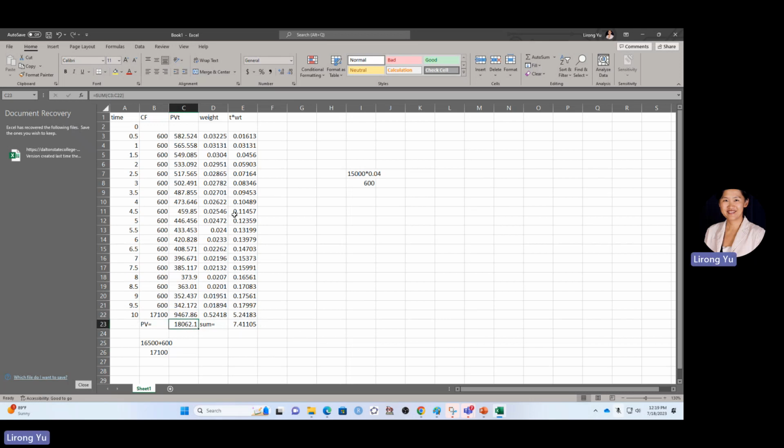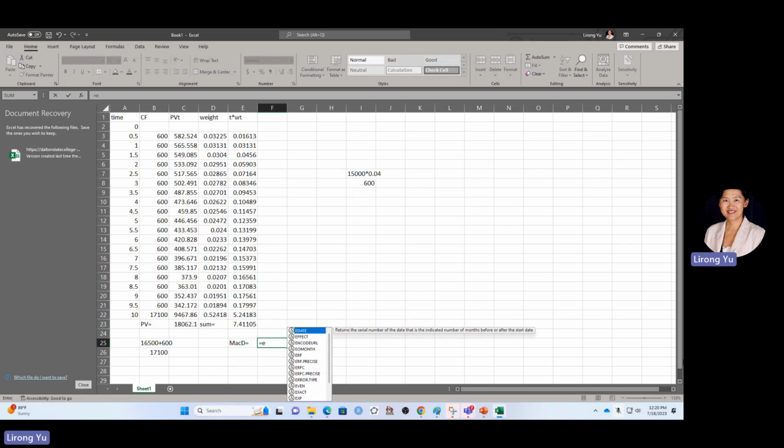So this is the total present value. The method itself is okay. I should watch out for entering data incorrectly. This is the Macaulay duration, which is equal to what's in E23.